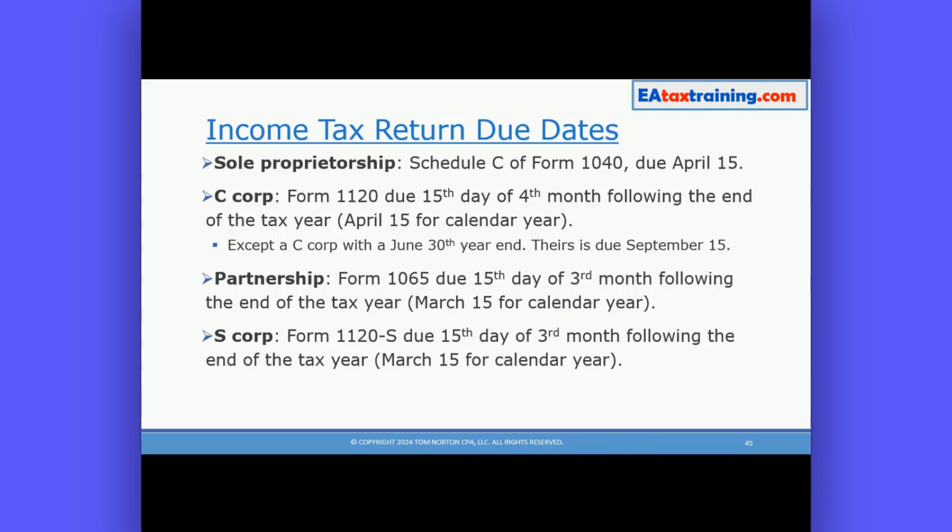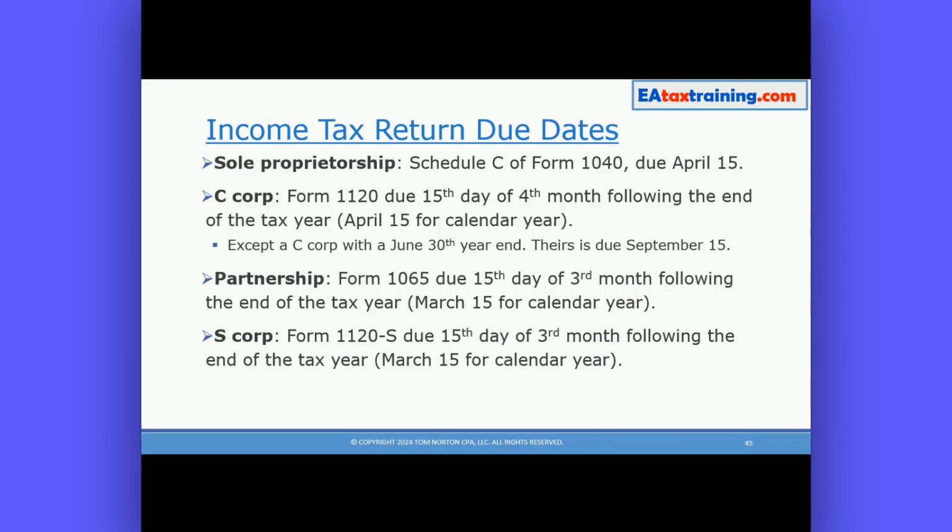So that's just a little interesting factoid, and it is something that could be tested on the EA exam, so you will want to know that. So the partnership and the S Corp are due on the 15th day of the third month. So that would be March 15th of the calendar year.